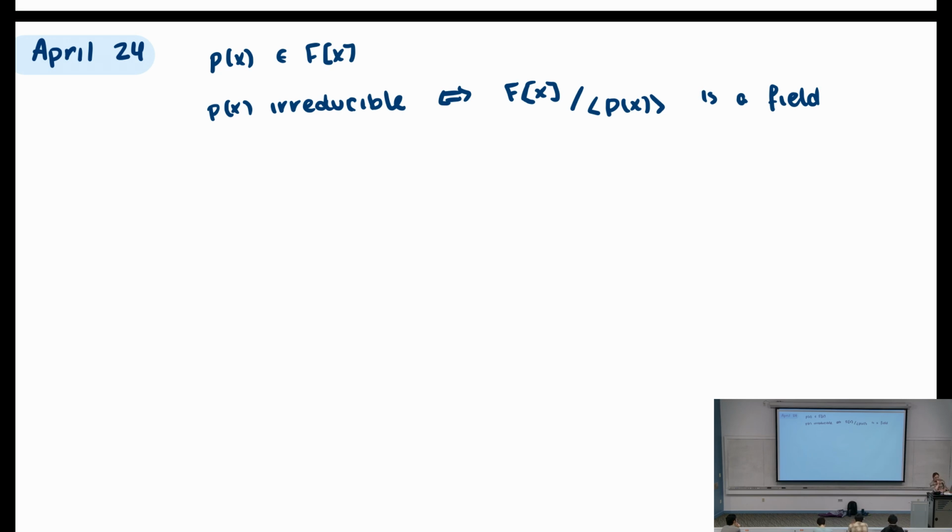So this sort of theorem motivates us to make the following definition.